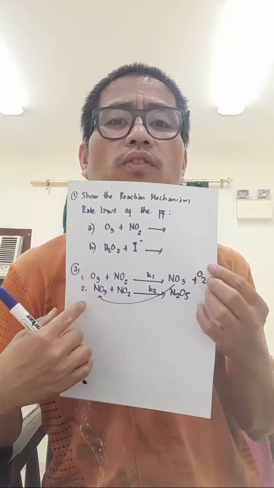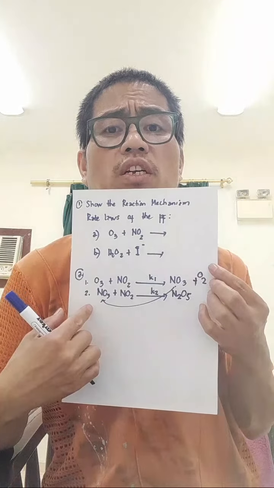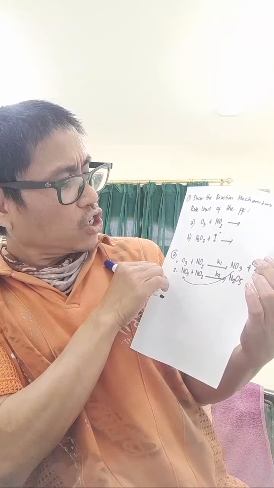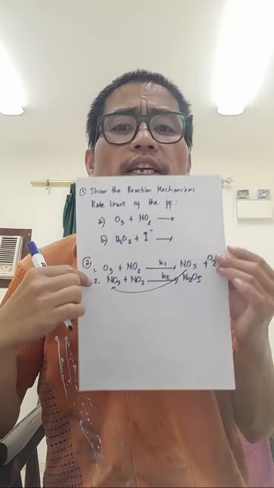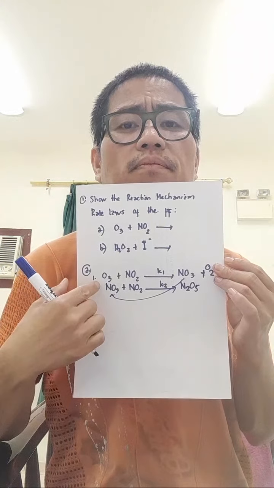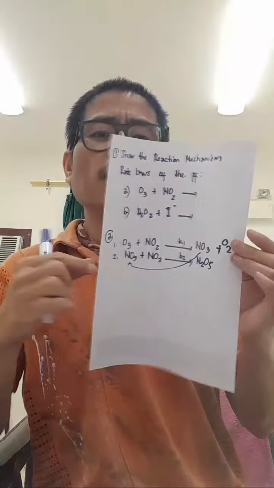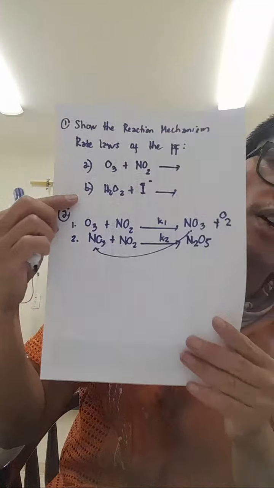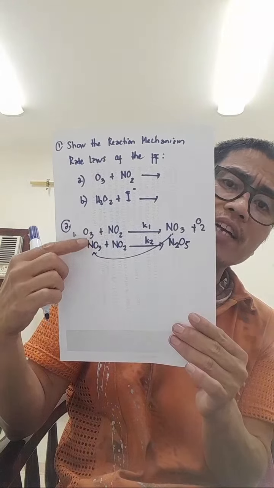Okay, now we need to determine which is the slow reaction and which is the fast reaction. Which is our fast reaction and slow reaction between the first reaction step and the second reaction step in the elementary reactions?